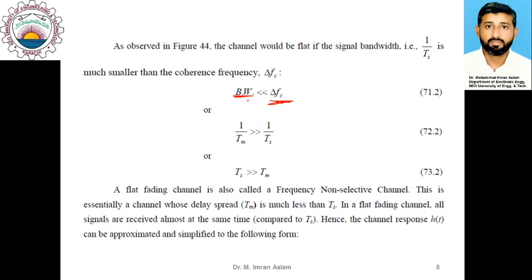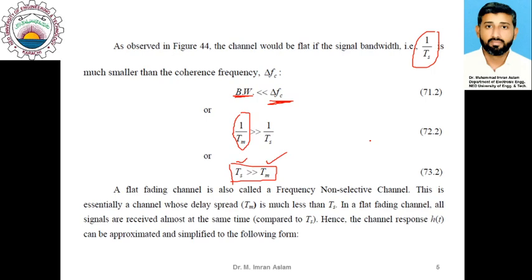The signal bandwidth is generally represented by 1 over Ts, and the coherence bandwidth is represented by 1 over Tm. So I can write 1 over Tm should be greater than 1 over Ts. So we get a simple relationship in the time domain as well. The signal time duration should be greater than the delay spread of the channel.